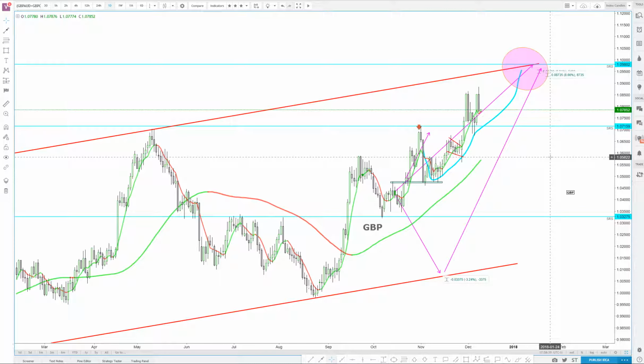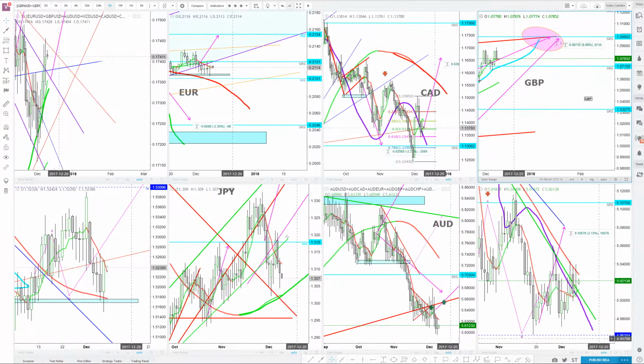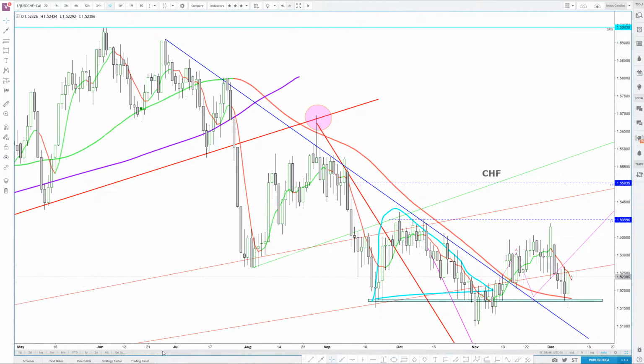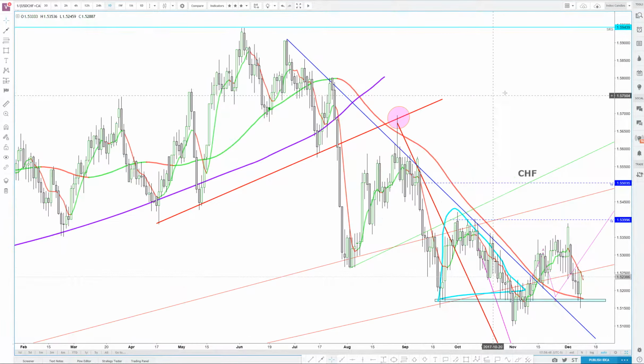I think it's on Thursday. British pound, yes. On Thursday at 7 a.m. Eastern, gonna have an interest rate decision. So it's gonna be pretty volatile probably for British pound in a few days this week. So I'm looking for that high. Probably going to reach that this week, especially if they raise interest rates.